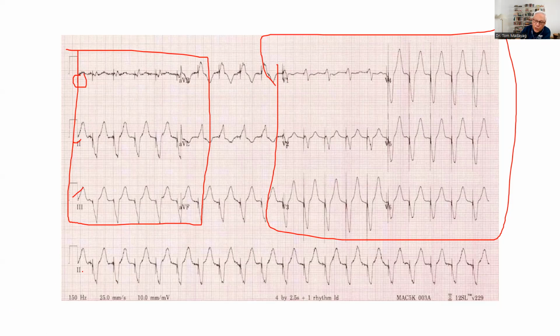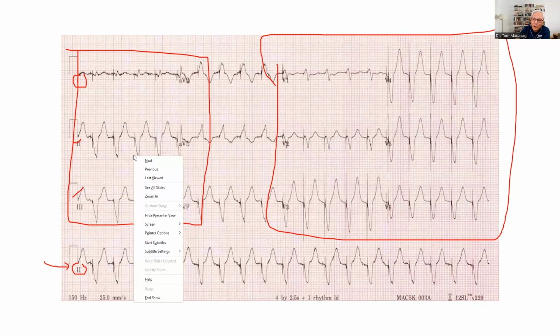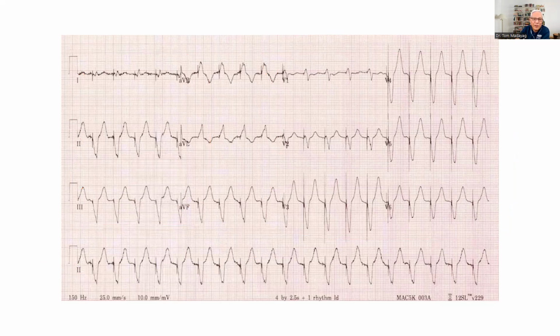Okay, so this usually uses either lead 2 or V1 as the monitoring lead. In this particular instance, we have lead 2. Okay, so we'll discuss that more when we look at 12-lead ECGs. All right, so this is a ventricular pace rhythm.